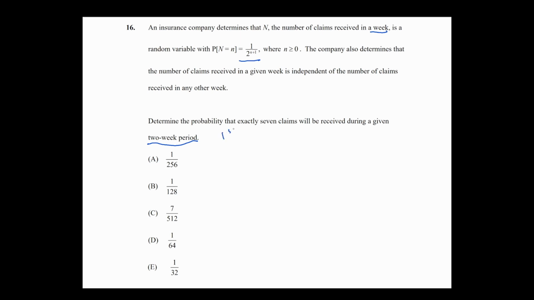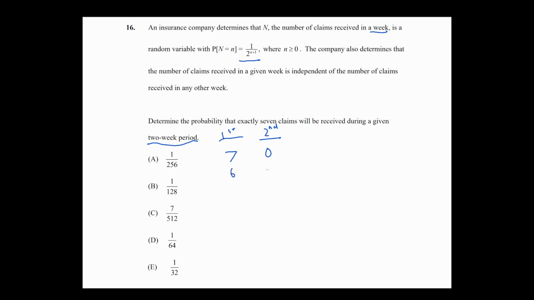So this is going to be the first week, and this is going to be the second week. In the first week, we can have 7 claims because we want to calculate a probability of having exactly 7 claims in 2 weeks. So we can have 7 claims in the first week and 0 claims in the second week.